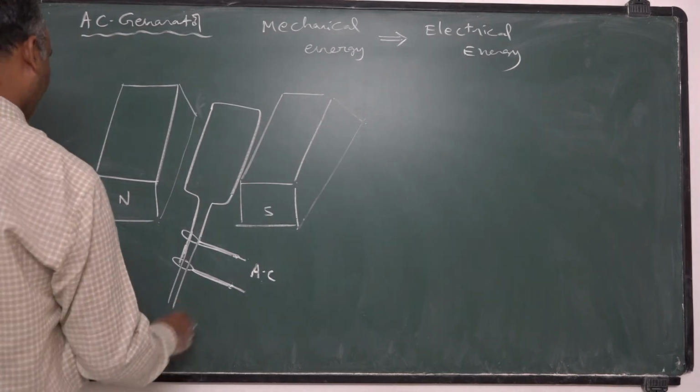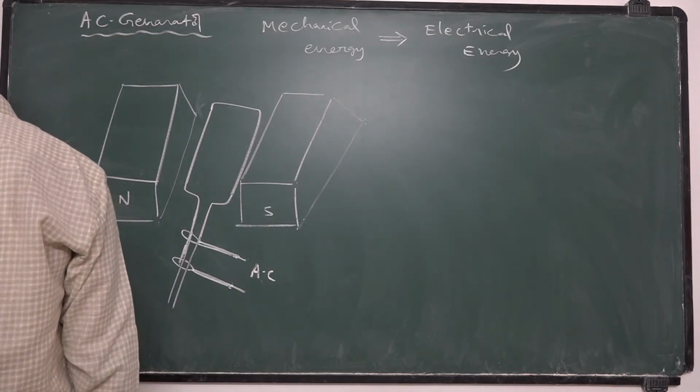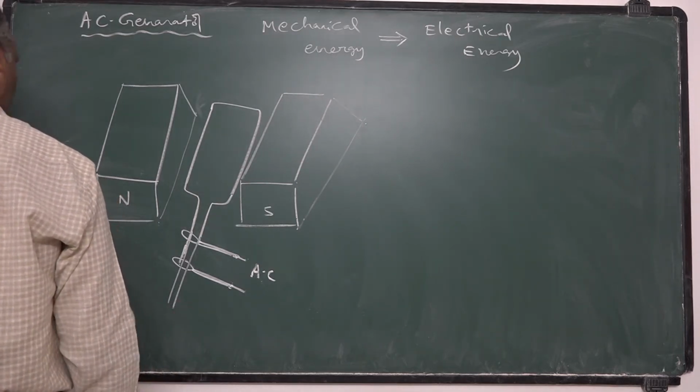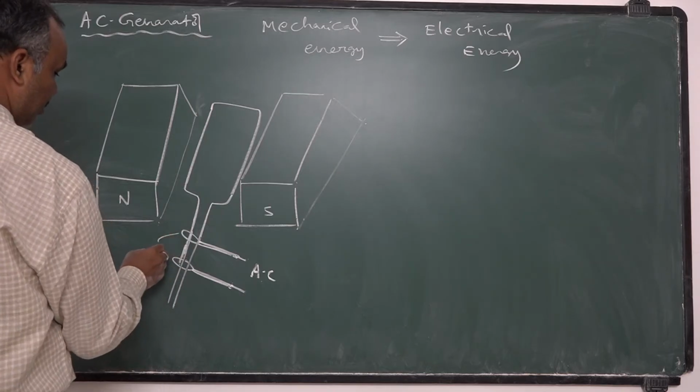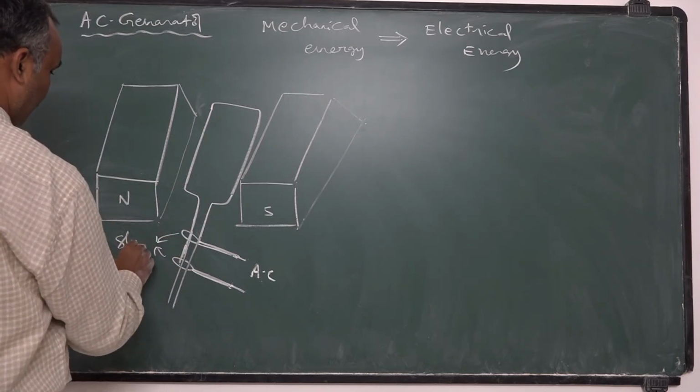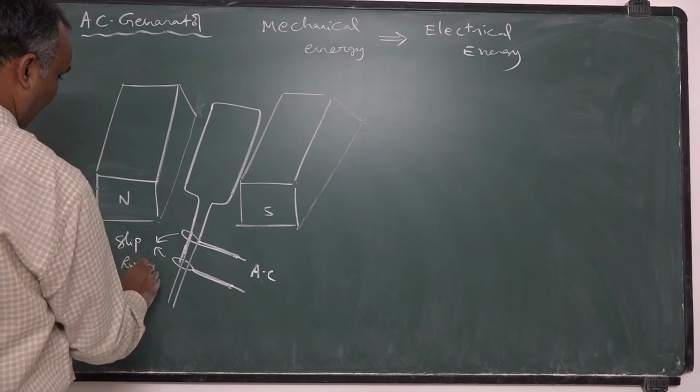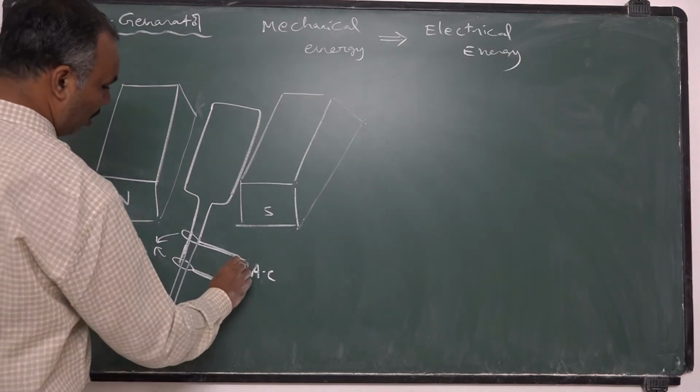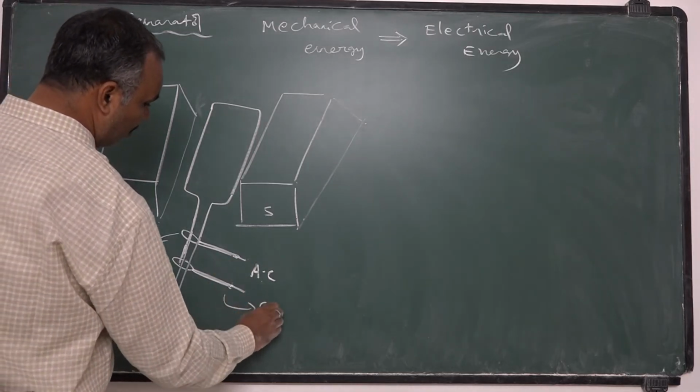AC generator. These are called slip rings. These are called carbon brushes.